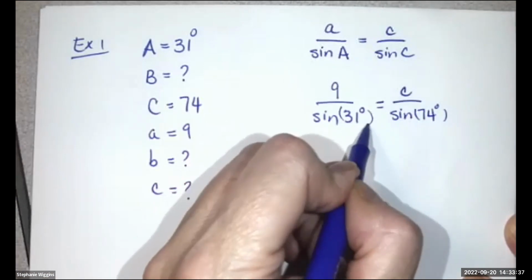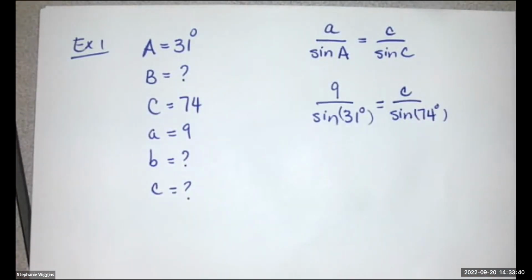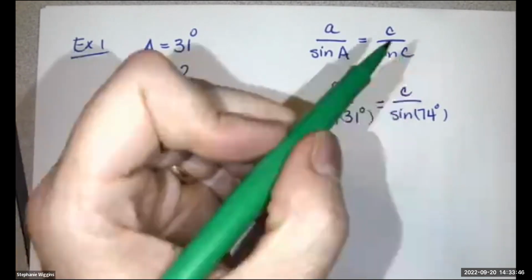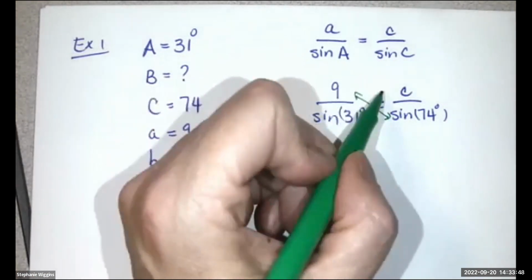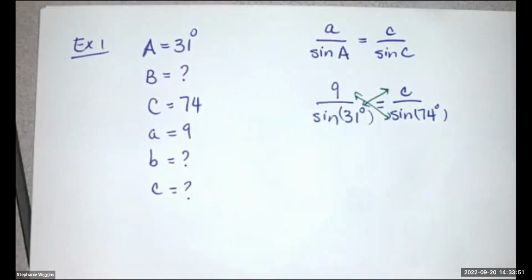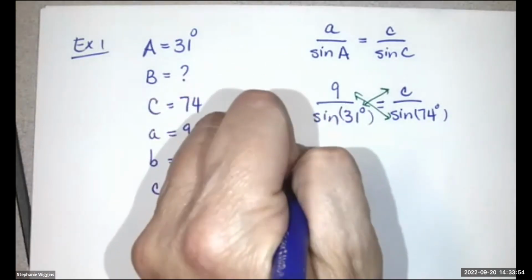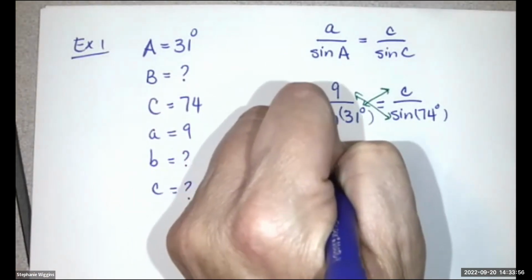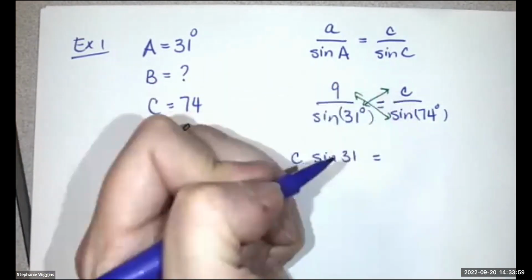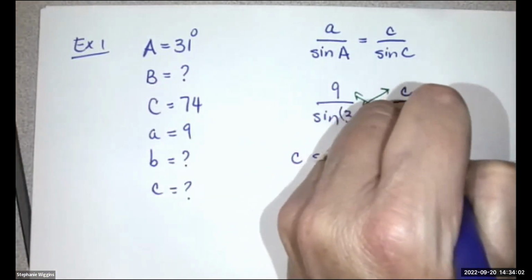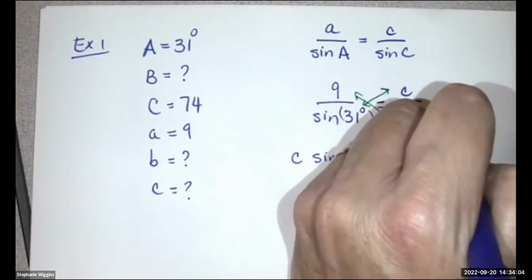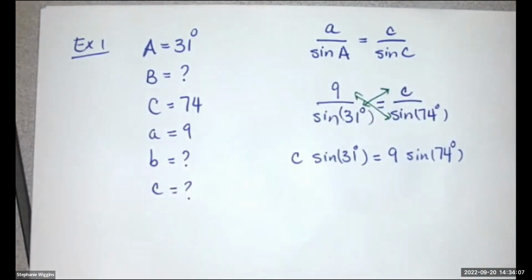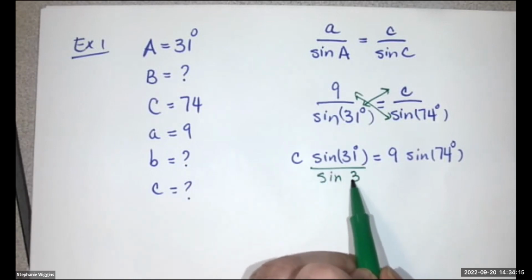So now we have one unknown, that would be little c, and everything else is filled in, so we can cross multiply to solve this. So we have c sine of 31 equals 9 sine of 74. And then to solve for c, we're just going to divide out by sine of 31.